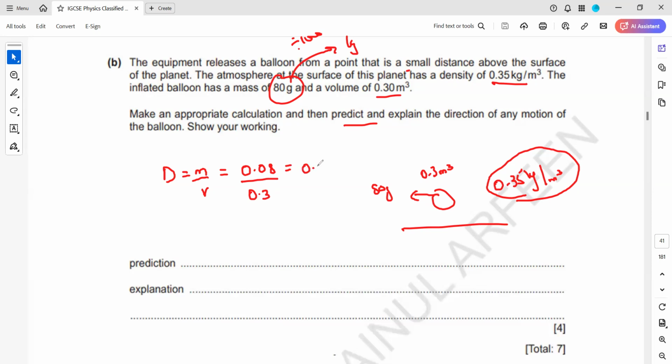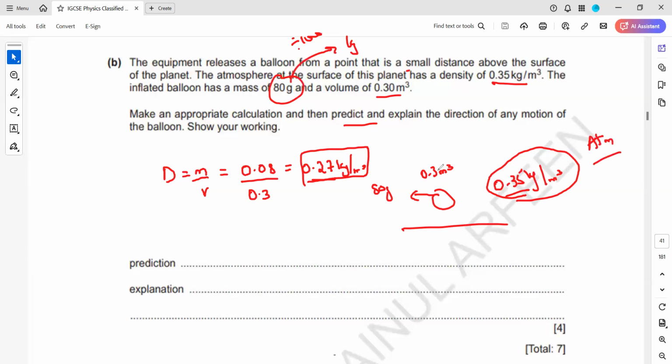Check again: 0.27. 0.08 divided by 0.3 is 0.27. So 0.27 kilograms per meter cubed is the density of the balloon and 0.35 is the density of the surrounding atmosphere. What will happen?